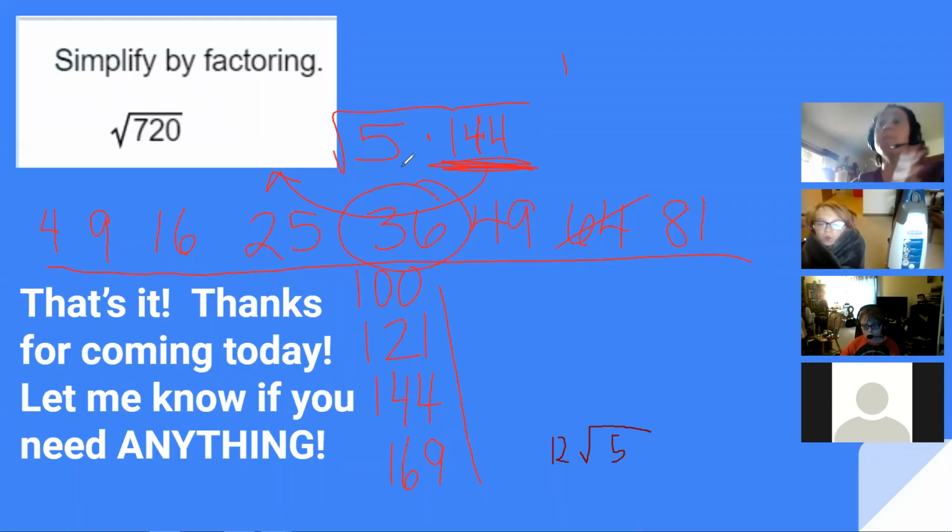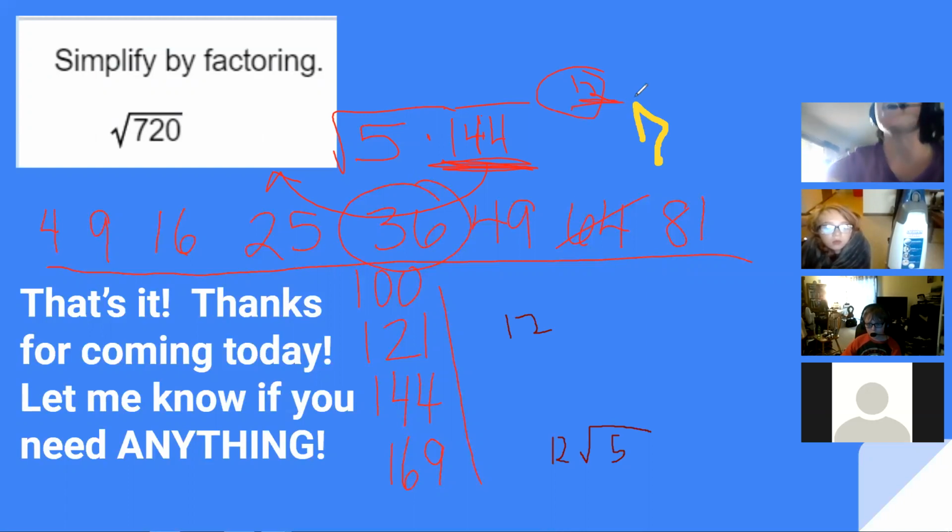And if you don't remember the perfect squares, that's okay. Calculator, totally fine. What's the square root of that 144? 12. Yeah, 12. Square root of 144 is 12.